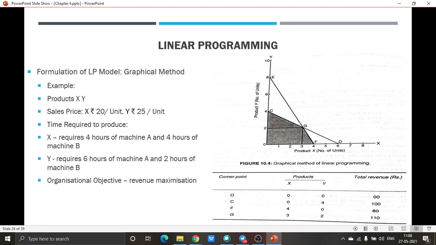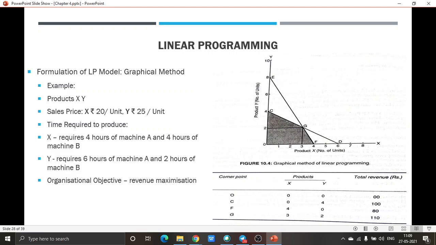So we will take a very hypothetical situation where we consider two products. The first one is product X and the second one is product Y. Regarding the selling price, each unit of product X costs rupees 20 and each unit of product Y costs rupees 25.